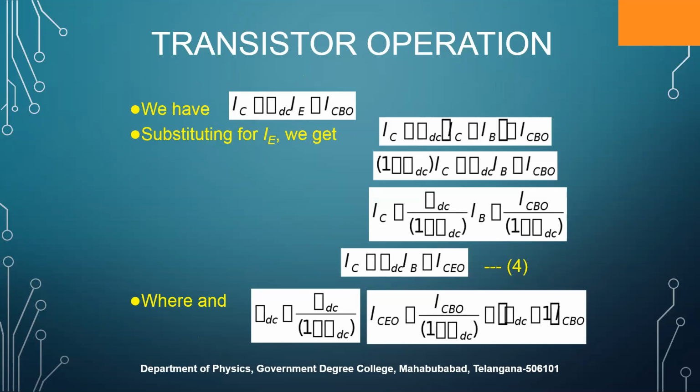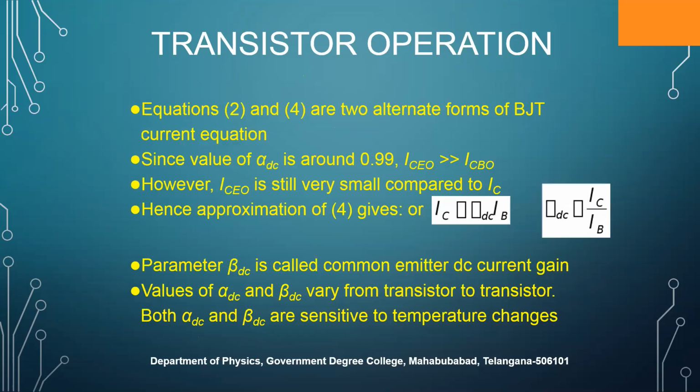Here some mathematical calculations are there to simplify the equations. Since the value of alpha DC is around 0.99, ICEO will be very, very much greater when compared to ICBO. Now we are discussing common emitter configuration.